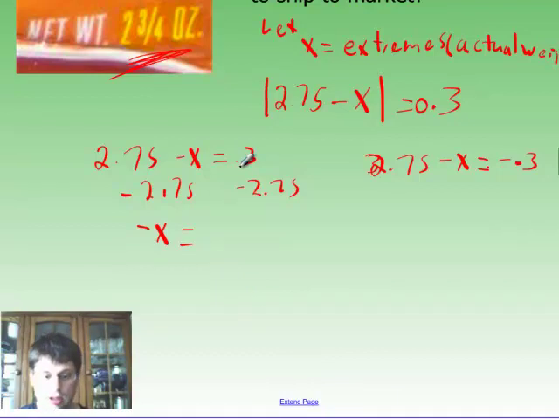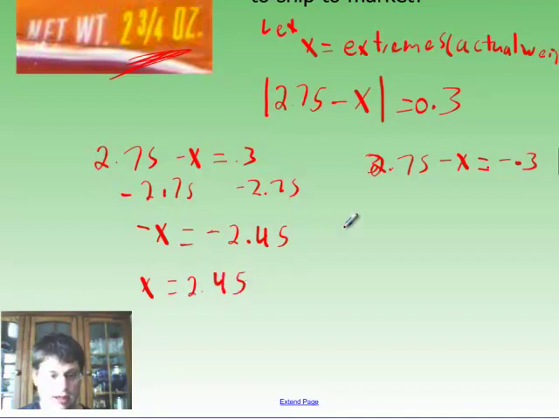Okay, and that's going to be negative 2.45. And then we're going to divide both sides by -1, so x is going to equal 2.45.